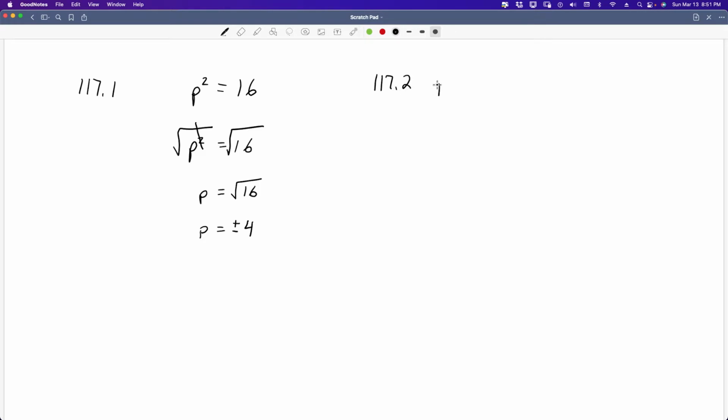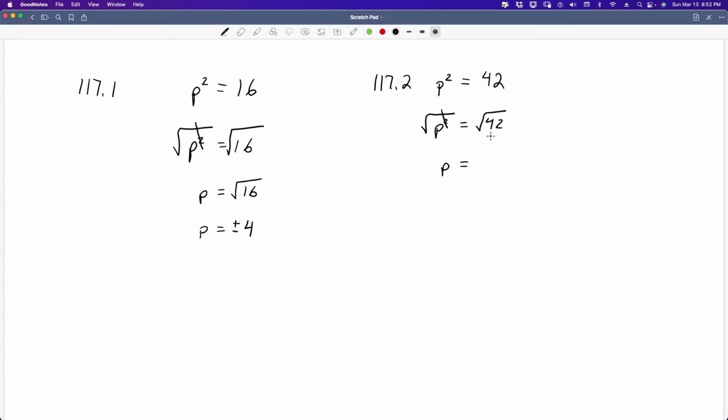So let's look at 117.2. We have p squared is equal to 42. So we're going to find the radical of both of these. Put the radical sign over both. It cancels here because it's asking for 2 factors and it's giving 2 factors. So p is equal to whatever this is that we can multiply the identical factors.